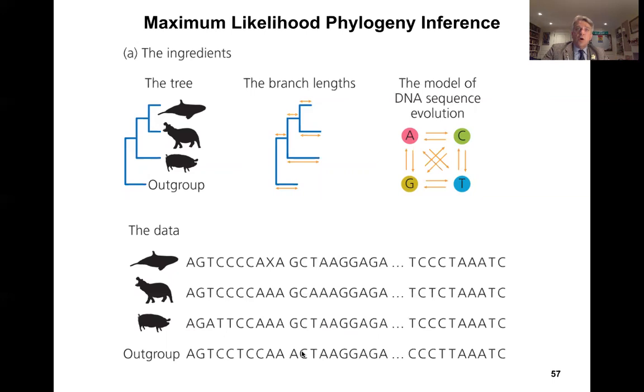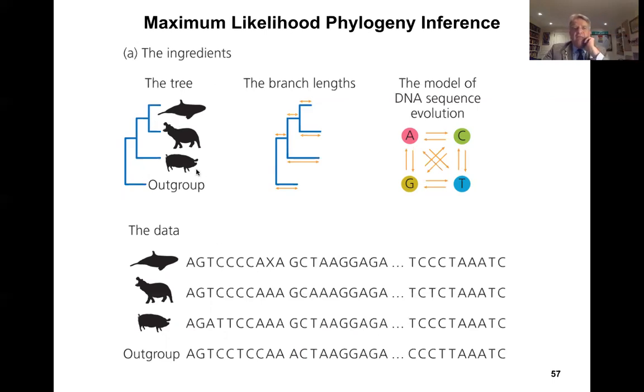Now, before, the ingredients that we were using to infer phylogeny from parsimony was simply the phylogeny and the data, right? So we're comparing alternative hypotheses, different phylogenies, and seeing which one required the fewest number of changes from our data. But now with these statistical maximum likelihood approaches, we're comparing alternative trees, right?